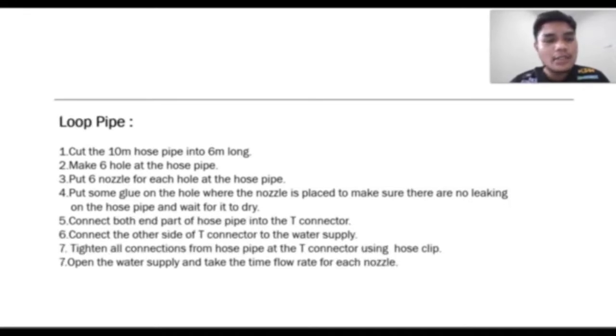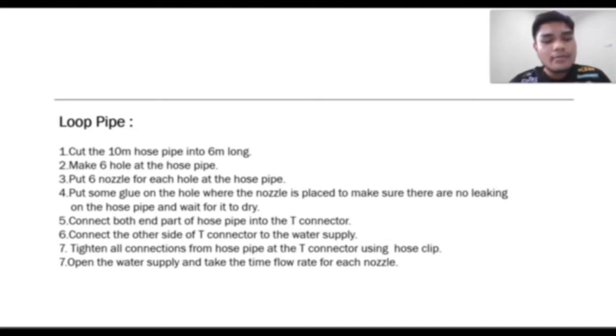Next, the looping pipe. For the looping pipe, first we need to cut the 10-meter hose pipe into 6 meter long. Second, make 6 holes at the hose pipe. Third, put 6 nozzles for each hole at the hose pipe. Fourth, put some glue on the hole where the nozzle is placed to make sure there is no leaking on the hose pipe, and wait for it to dry.